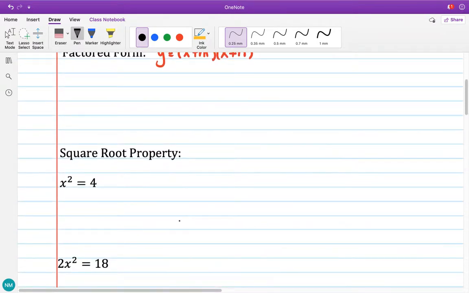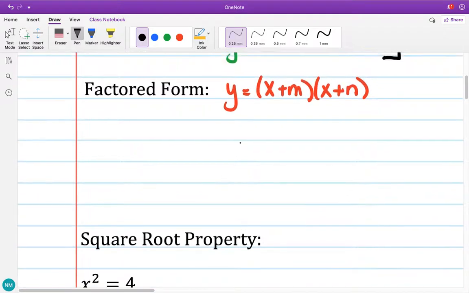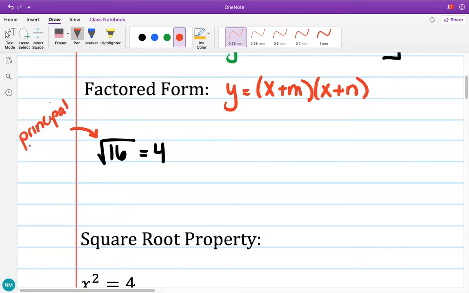So, square root property. What is the square root property? We know what a square root is. If I take the square root of 16, it's going to equal 4. But in the past, we've spoken about how this symbol is actually the principal square root, which is the positive square root, meaning I don't get -4.